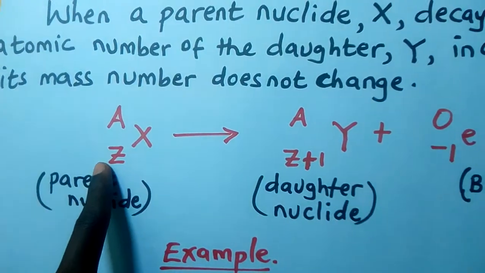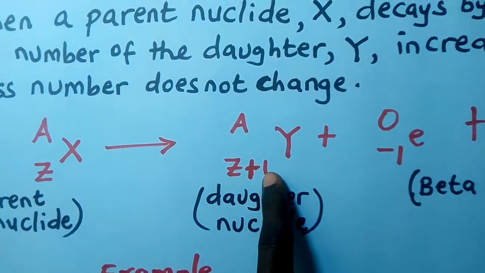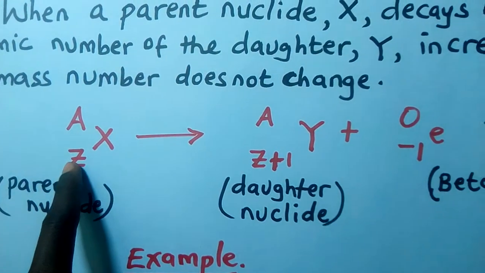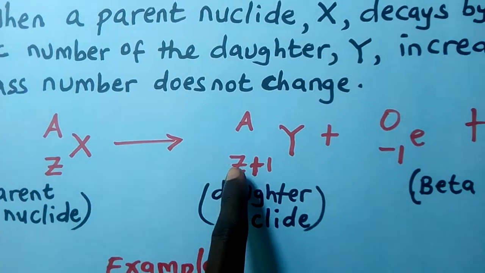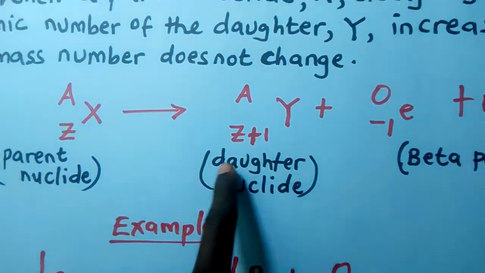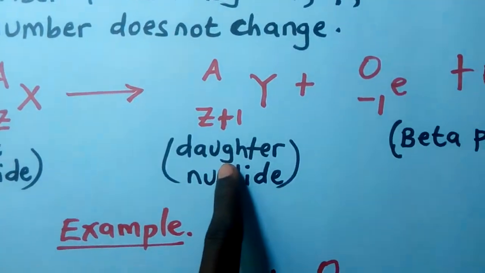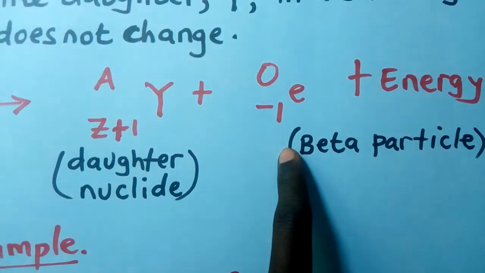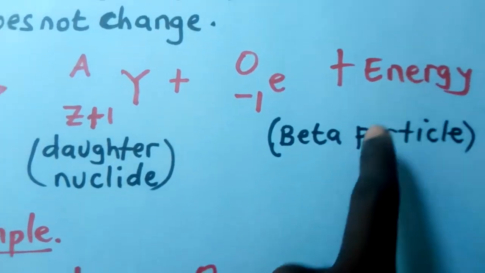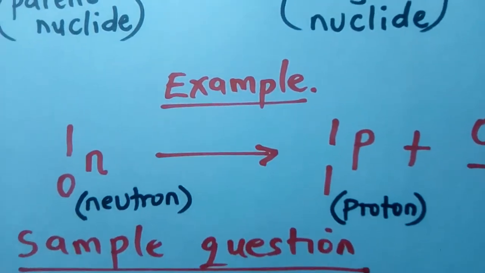So if this one was Z, the daughter will have Z plus 1. If this one had atomic number 6, this one will be 6 plus 1, which will be what? 7. You see, this is the parent nuclide, this is the daughter, and this is the beta particle plus what? Energy.